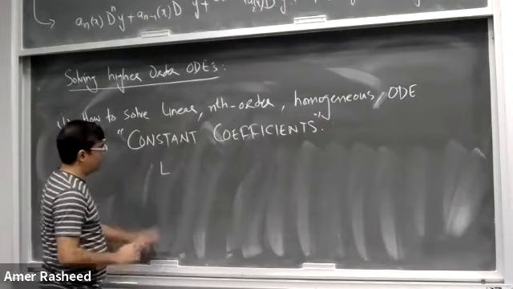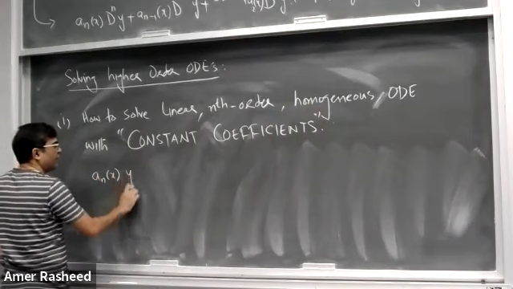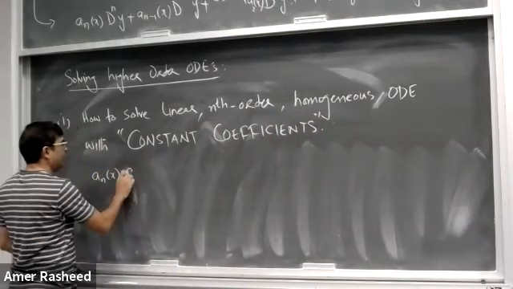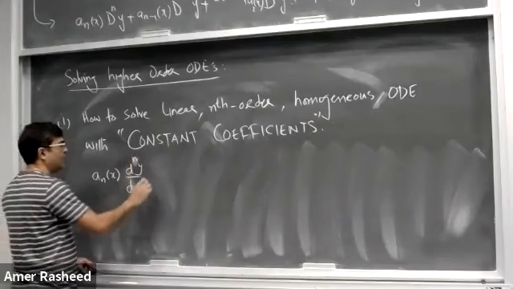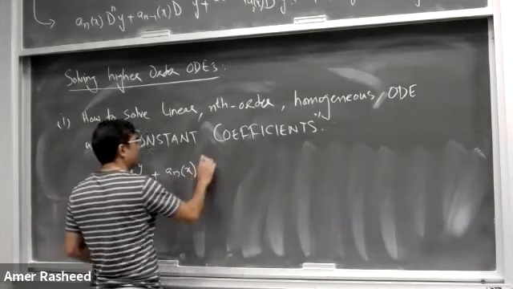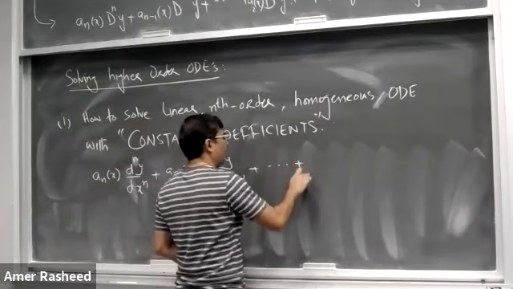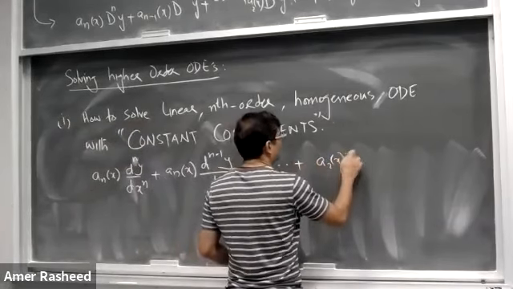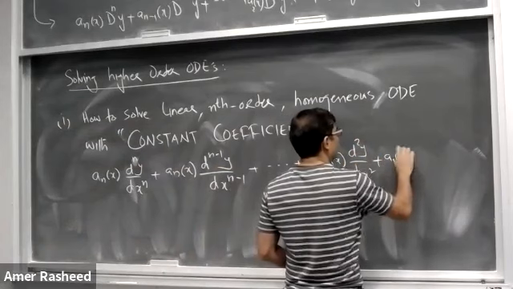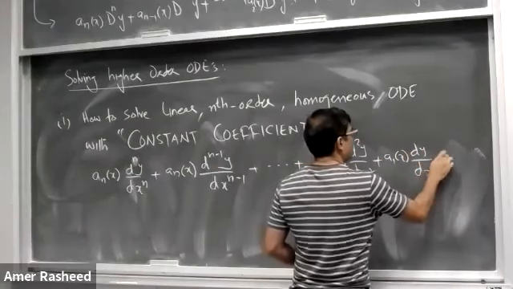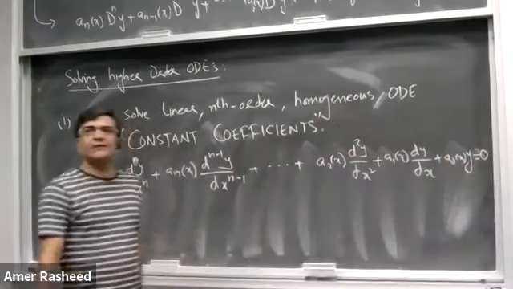We can write it directly as a_n(x) d^n y/dx^n, where a unique n appears here, plus a_{n-1}(x) d^{n-1}y/dx^{n-1} plus so on, plus a_2(x) d^2y/dx^2 plus a_1(x) dy/dx plus a_0(x) y equal to 0, because we are going to discuss homogeneous.